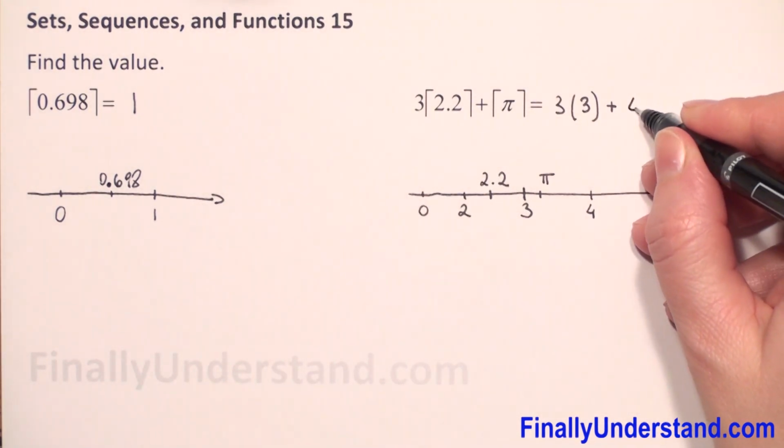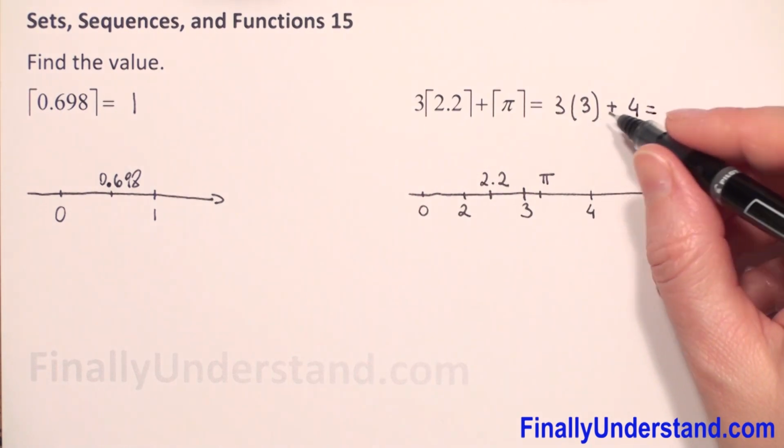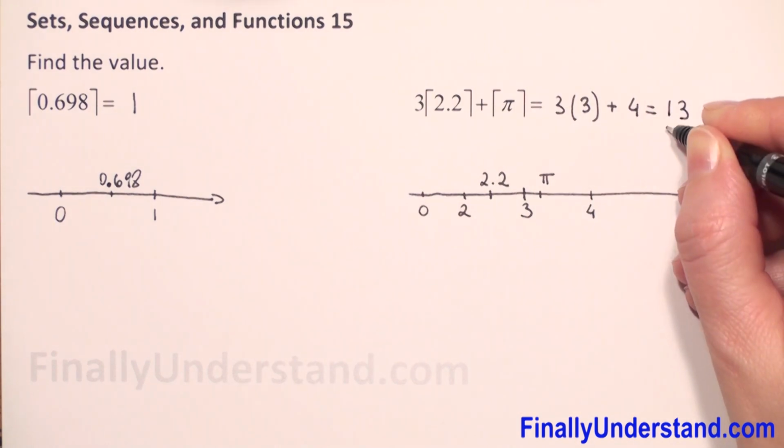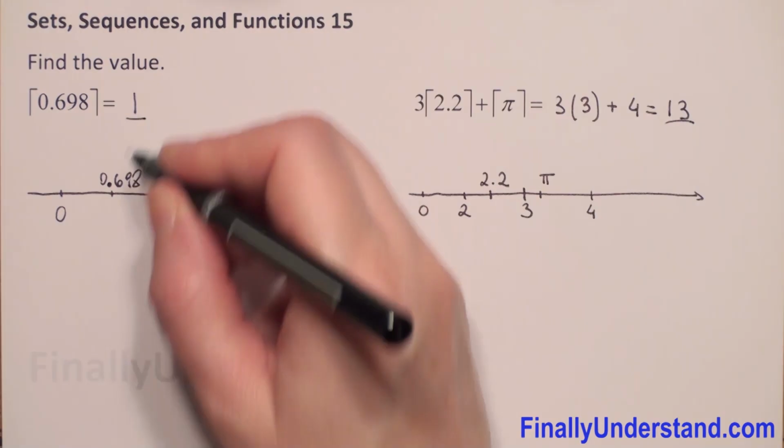So we have plus 4. So this is equal: 3 times 3 is 9, plus 4 is 13. This is my solution.